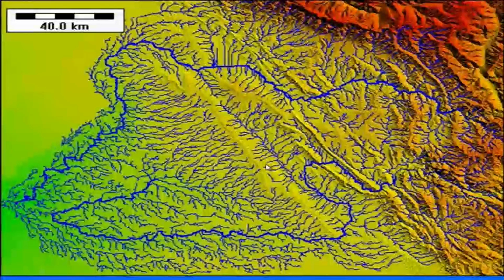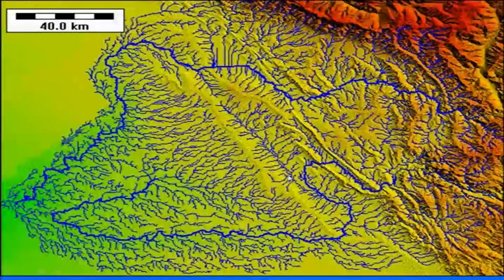Now, what we did was that we extracted the drainage from the digital elevation model, and what you see here is the darker thicker line, which is the main stream, the trunk stream, and then the smaller tributaries are joining.